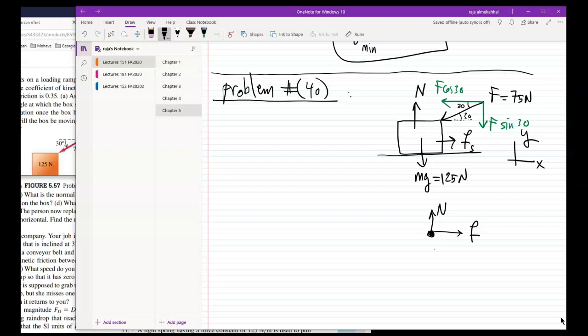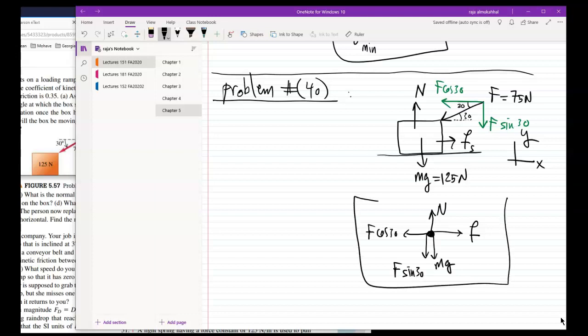I'll make this big dot like that so I have more space. There's my mg right there. And this is the F sine 30. And then this is the F cosine 30. And there we go. That's the FBD right there. Got it? Okay. Now we come to part B.